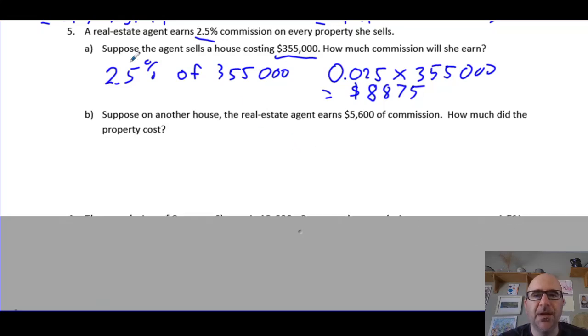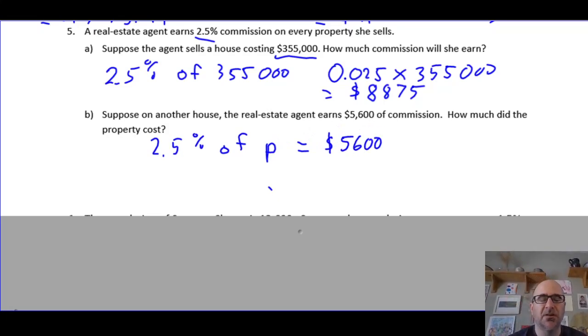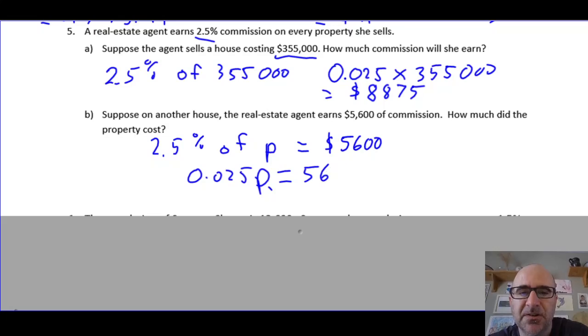Well, imagine repeating this calculation up here, okay? But in this case, you don't know this answer. You know that you basically have 2.5% of some house price. I'm just going to say P for price is equal to 5,600. We can kind of see that this is actually an equation we can solve. 2.5% is 0.025 multiplied by P, the price of the home, gives us $5,600.